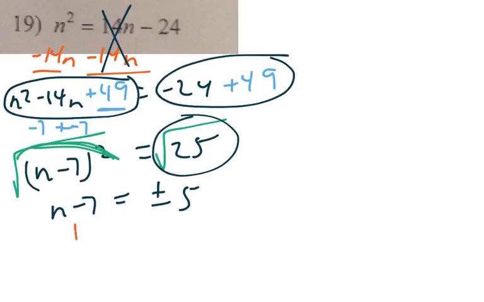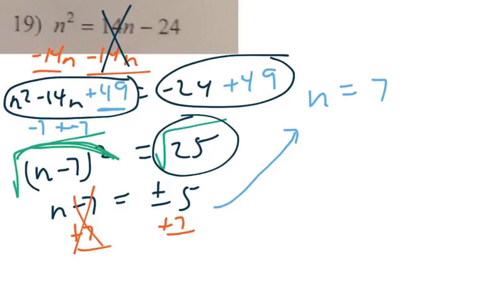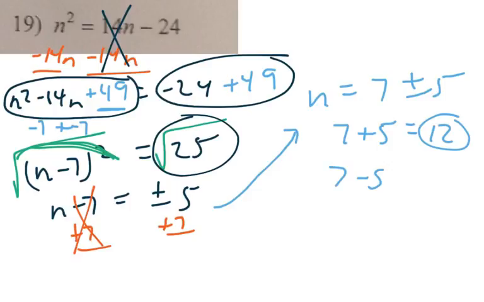Finally, we're going to add 7 to both sides. 7 minus 7 is 0. So bringing it over here, hopefully you agree that n will now equal 7 plus or minus 5. Better known as 7 plus 5, which is 12, and 7 minus 5, which is 2.